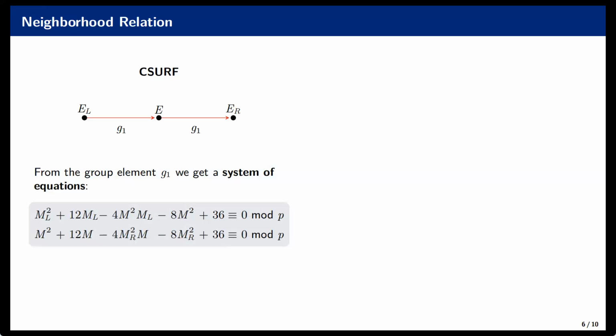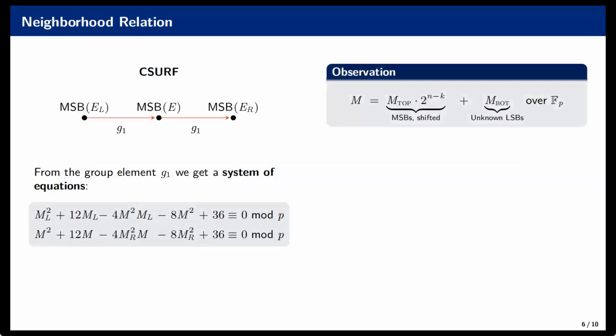However, in the actual hidden number problem, we get even more, right? Here we can follow the oracle's prediction: if I get the most significant bits of the coefficient, then I can write it like this. So I have the most significant bits shifted by a couple more bits, plus the unknown. If I now plug this equation into this system of equations, what I then get is a system that has a small solution in the missing bits.